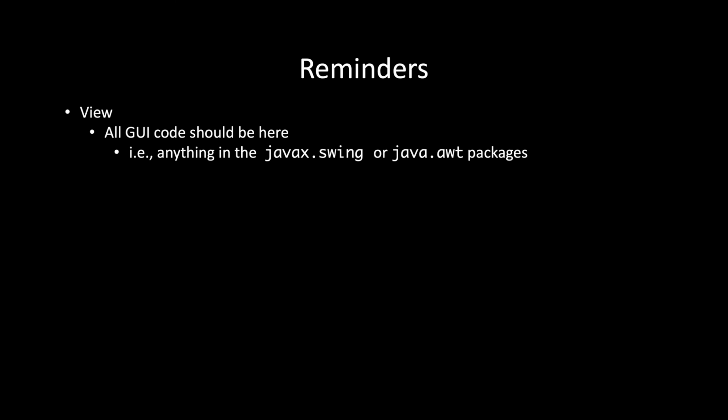So if you're new to this, there's your warning sign. If you find yourself saying import javax.swing or import java.awt inside of your controller or model, you're probably doing something a little bit wrong. Don't want to say never, but if you think you need to do that, then you might want to check with your instructor and see if there's a better way to do it.